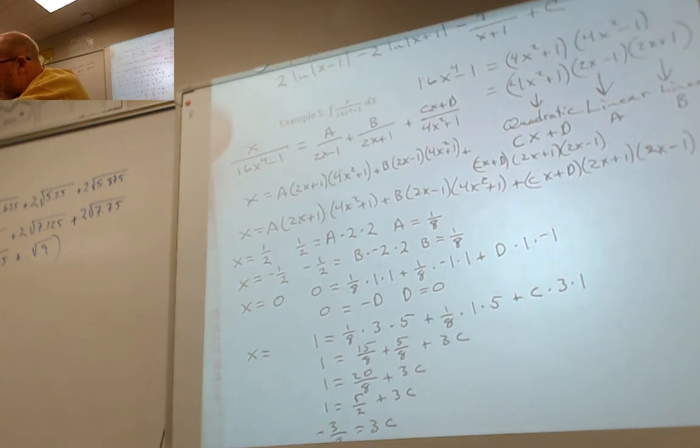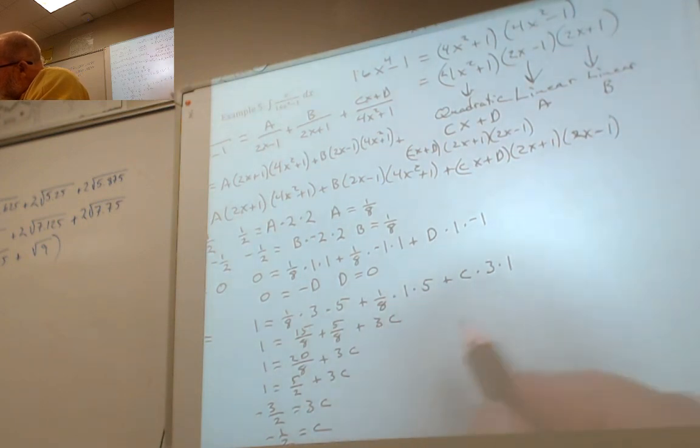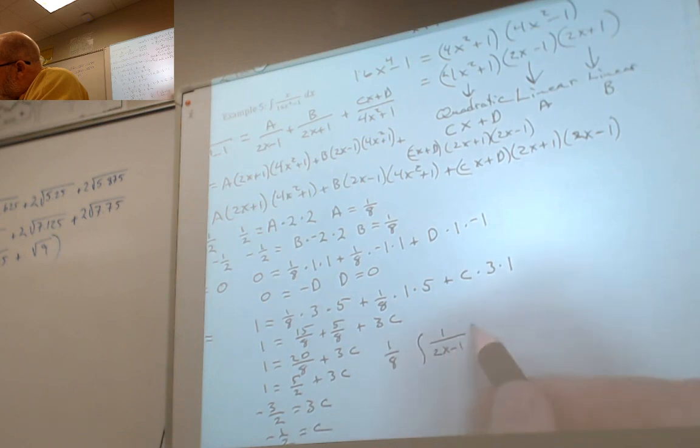So this is what it's going to look like now. I have 1/8 integrating 1 over 2x minus 1 dx, plus 1/8 integrating 1 over 2x plus 1 dx.